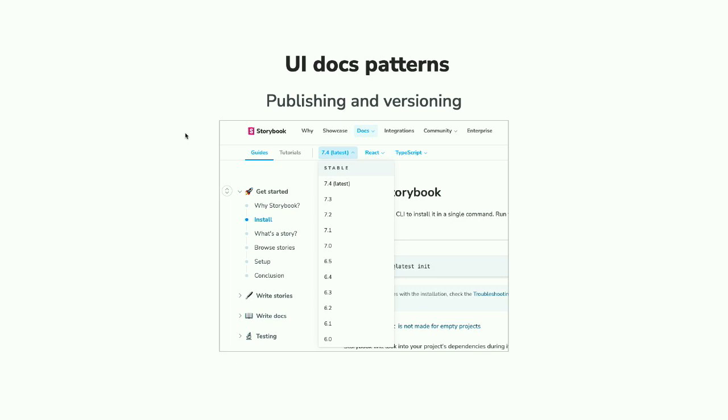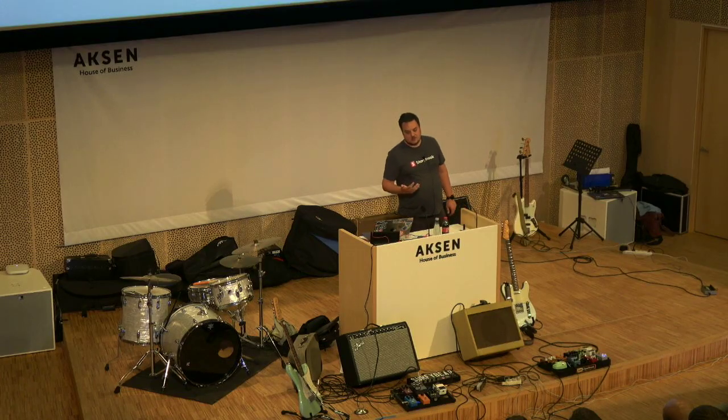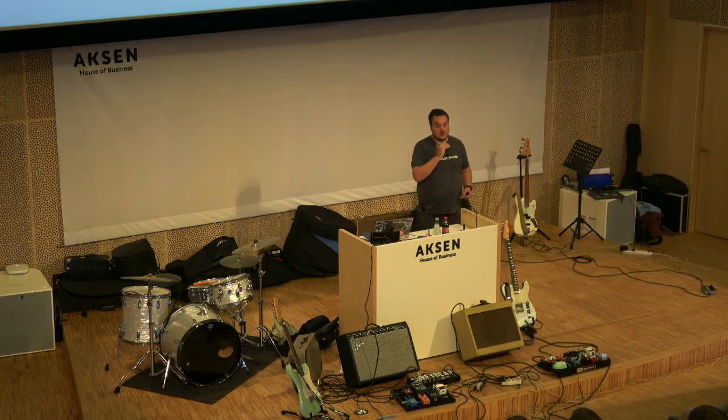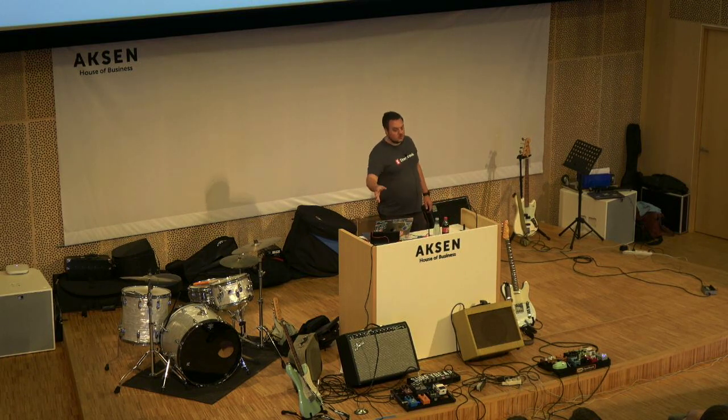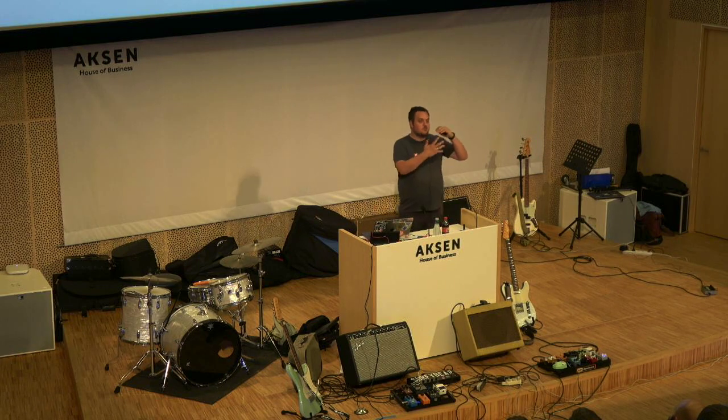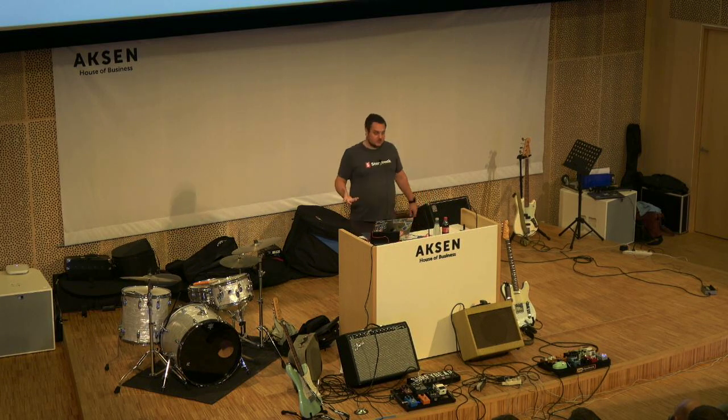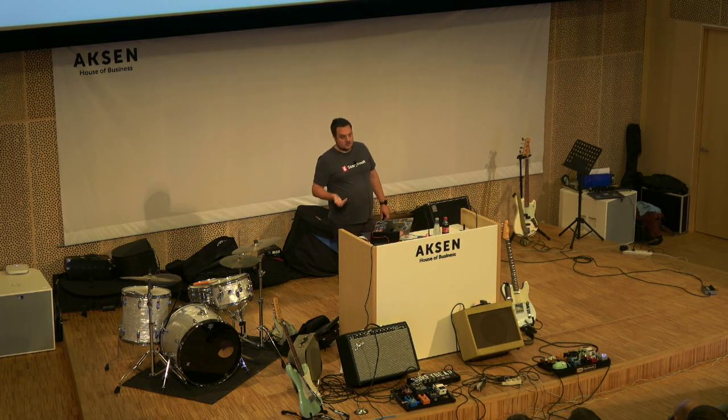It's great for the user, but it's pretty hard to manage for us now because we have a lot of versions. And so whenever we are building this new docs page, we're building it, as you can see, 10 times, because there might have been some changes to what the docs should say in 6.0, right? So if you have a lot of versions, this is not what I'd recommend, honestly.